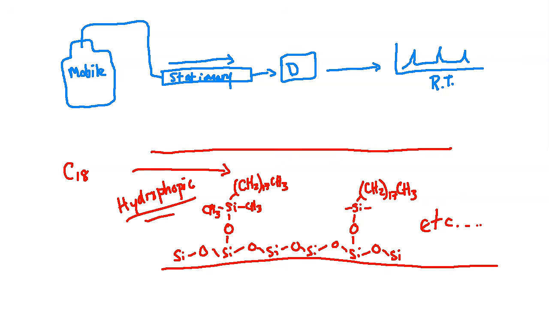And depending on how strongly they adhere to it, that is going to be what determines how quickly they will come off of the column, which is relating to retention time there. So for something like a C18, you're dealing with a highly nonpolar column, so nonpolar analytes are going to be retained at a longer rate, right? They're going to stay on the column longer before they get pushed off onto the detector.